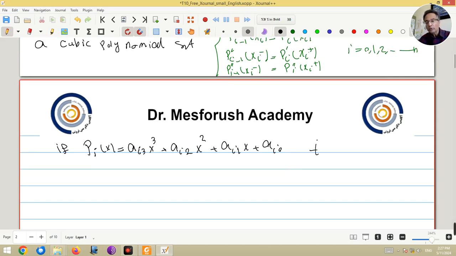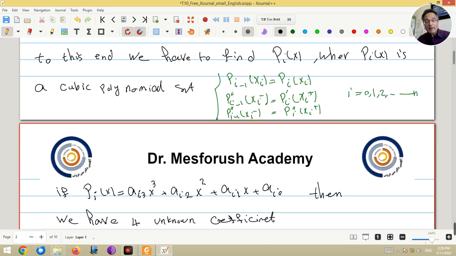So we have 1, 2, 3, and 4 unknown coefficients.